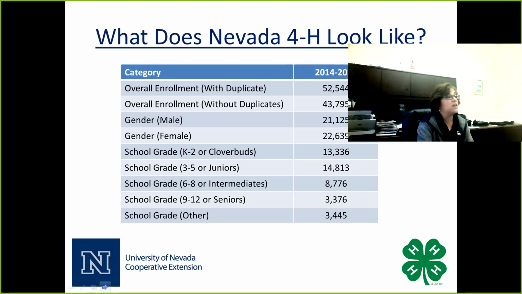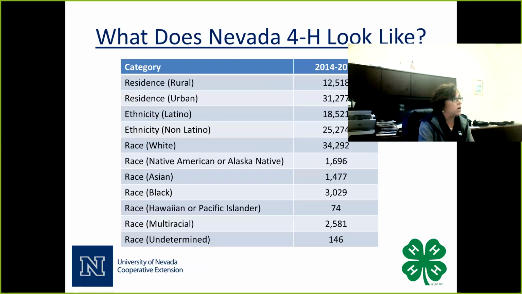Is this club? This is everything. This would be all enrolled. This is club and group enrollments. The next one, I have broken down by delivery mode.